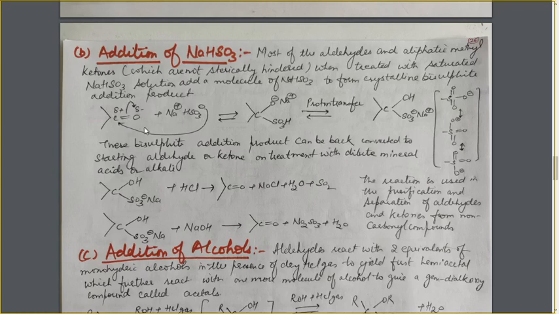If the electrons were transferred to the same atom, it would be the plus electromeric effect. So here the HSO3 negative ion attacks this carbon atom, the electrons get transferred to the oxygen atom and the sodium gets attached to this oxygen atom. So this is the addition product.